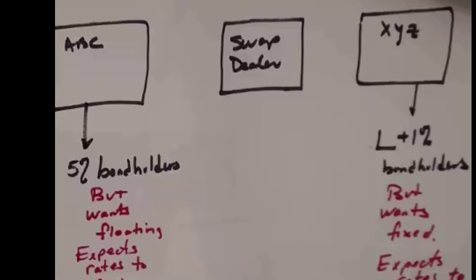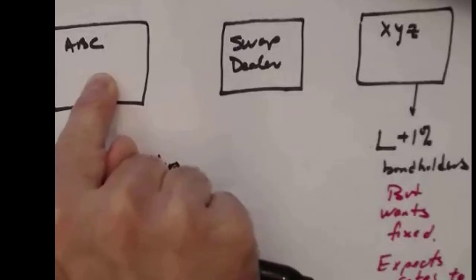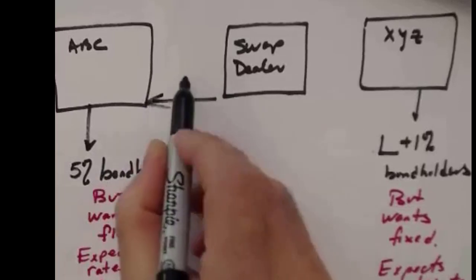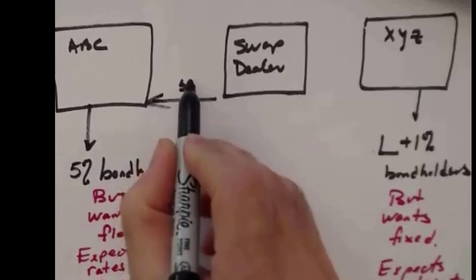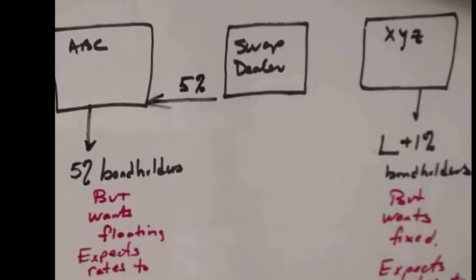So basically, ABC agrees to be the receive fixed. They want to receive fixed. So we'll put in a line that says they want to receive fixed, and that fixed rate will be 5%. Okay. And so this is what's happening.